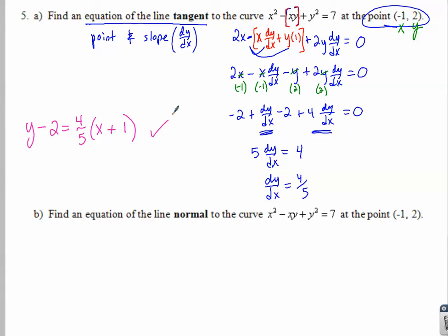Done. Part B, find an equation of the line normal to the curve. If you don't know, normal means perpendicular, and perpendicular means the slope is the opposite reciprocal.